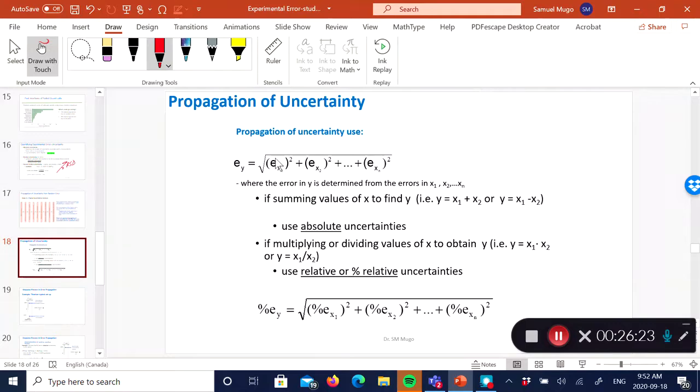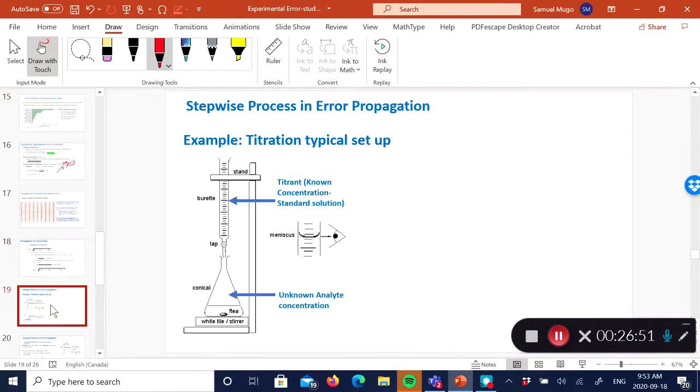So you should use the absolute uncertainty if the operation is an addition or subtraction. If the operation is a multiplication or division, the E that you put in the error propagation equation should be the relative or percent relative standard deviation. Okay. I'll give you an example in the next slide.